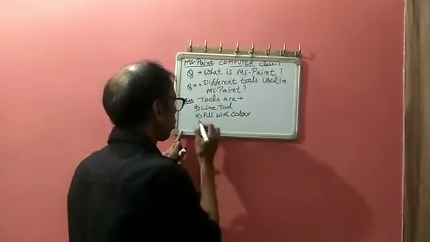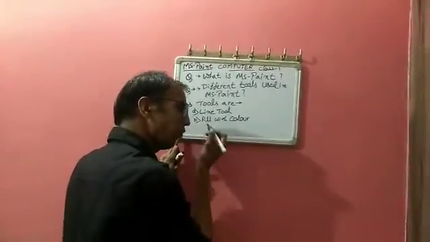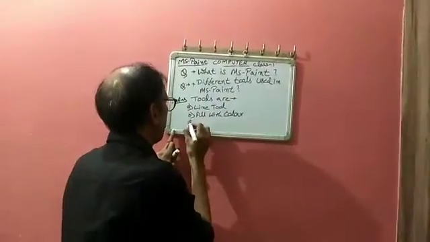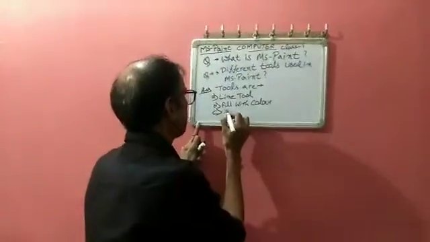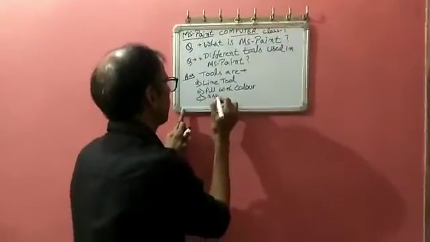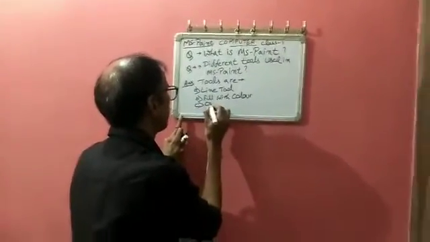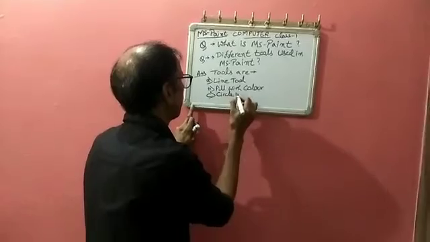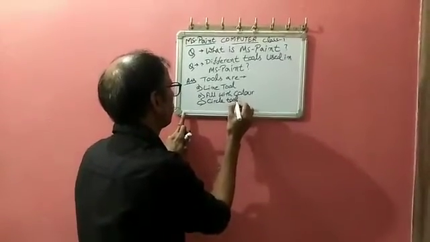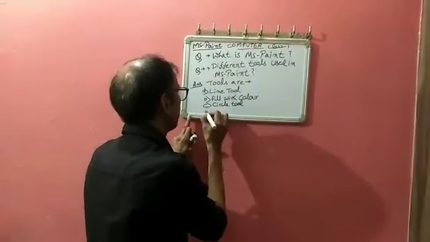Using this tool, you can fill color in different shapes. And next is the circle tool. Using this tool, you draw a circle.